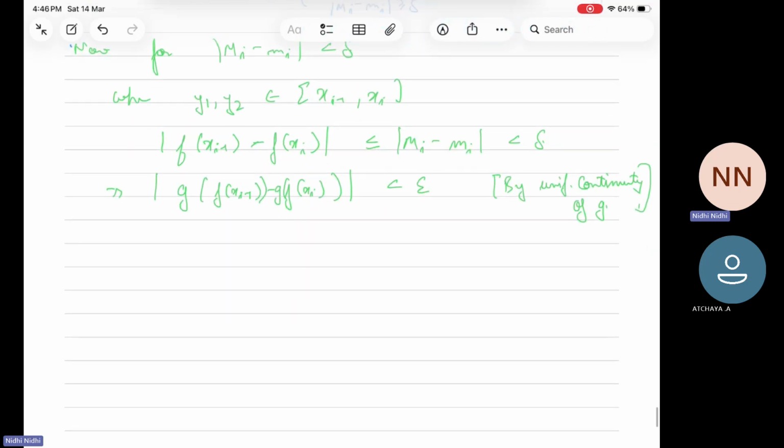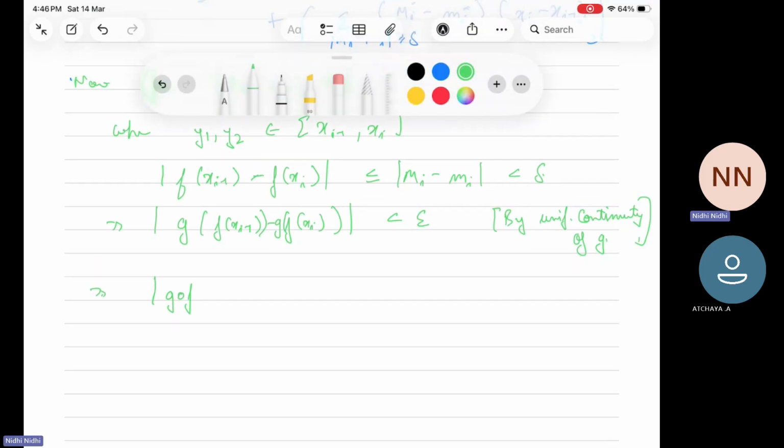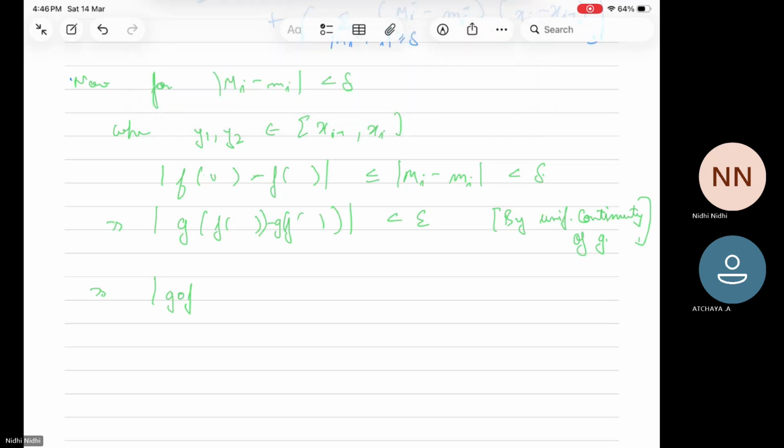And that gives us that the modulus of g∘f(y1) minus g∘f(y2), this is just y1 and y2, is less than epsilon for every y1 and y2 belonging to this interval x(i-1) to xi.